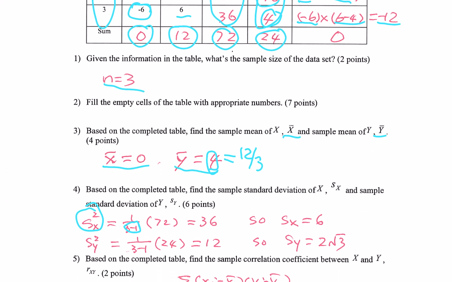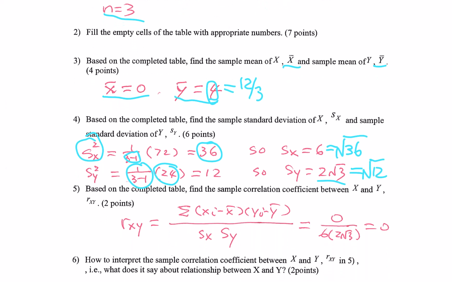That's how we get 36. And then take a square root of 36. That's how you get the standard deviation. The same thing for y. 1 over n minus 1, and then the squared deviation for y is 24 right here. That's how you get 12. And then you take the square root, you get 2 times square root of 3.